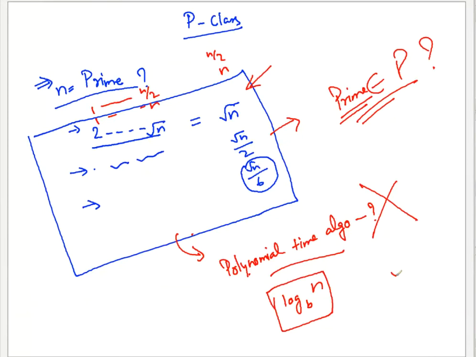Let's say the best is somewhere root n by some constant. Let's ignore those constants. Root n. This is the input size. This is the running steps. What is the relationship between the input size and the running steps? Is it polynomial or not?